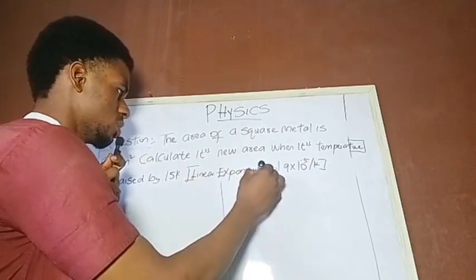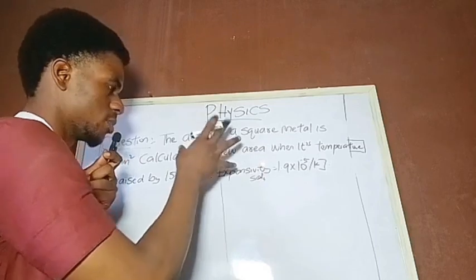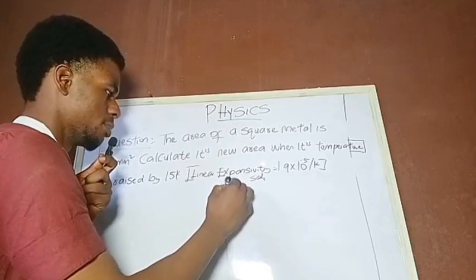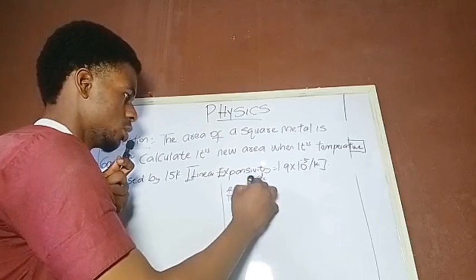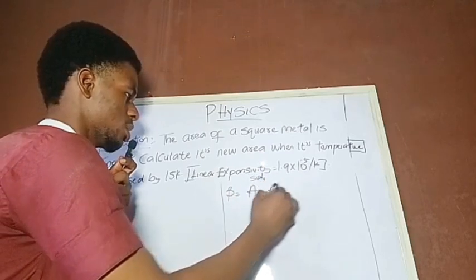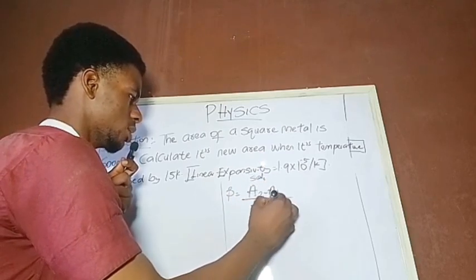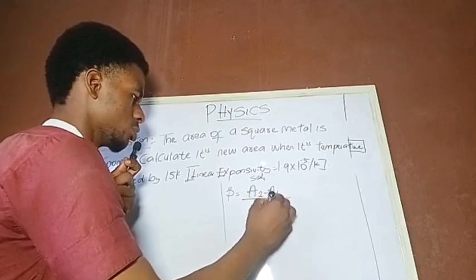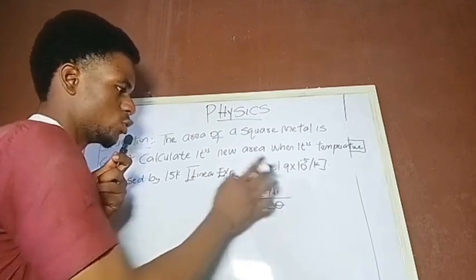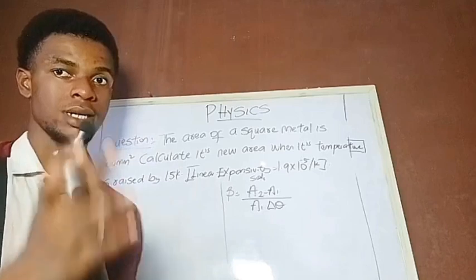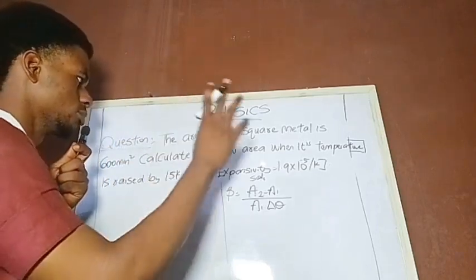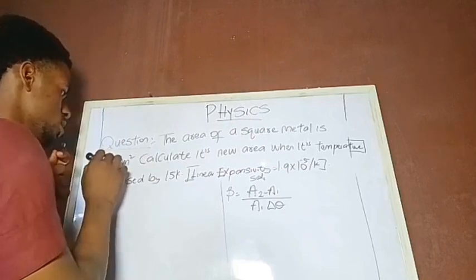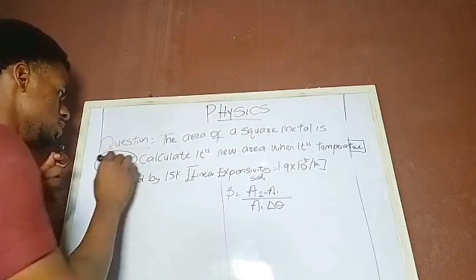Like I said before, this is under the areal expansivity. So you do beta equals A2 minus A1 over A1 change in temperature. So this A2 minus A1 is a change in area. Your A2 is not given. Your A1 is given as 600 millimeter square.